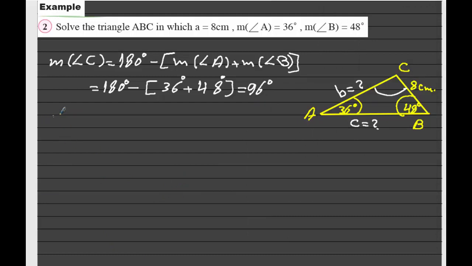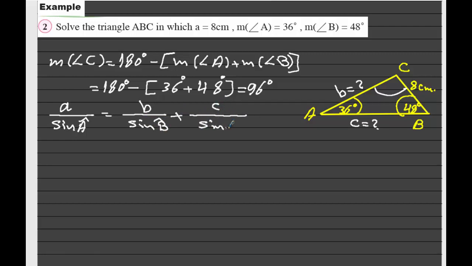So A over sine A, it is the sine rule, equals B over sine B equals C over sine C. A equals 8 centimeters, right? It is given.